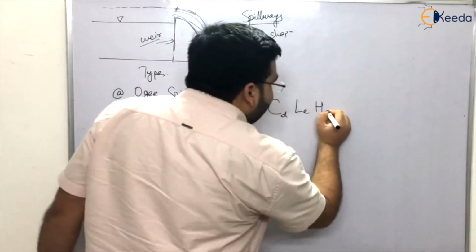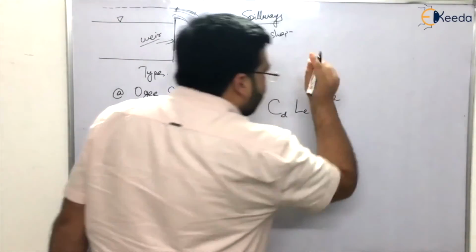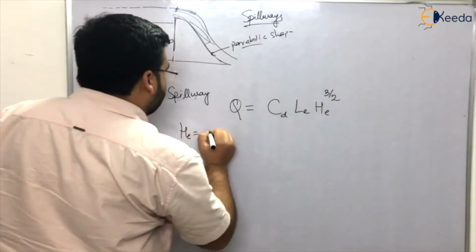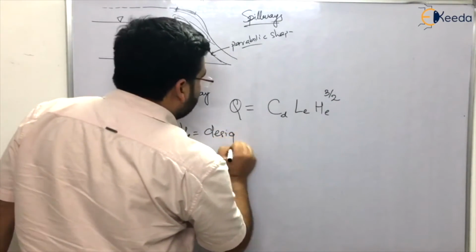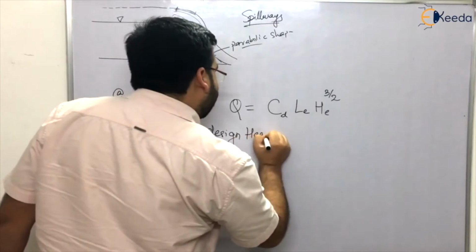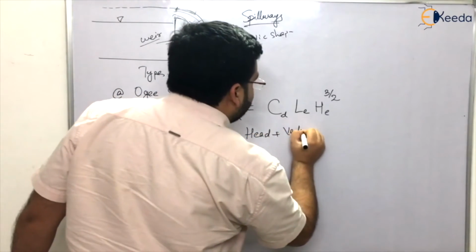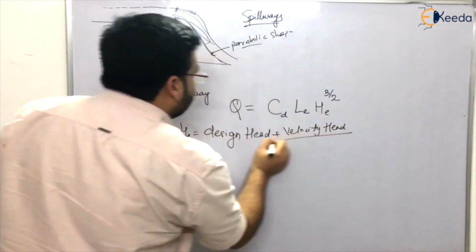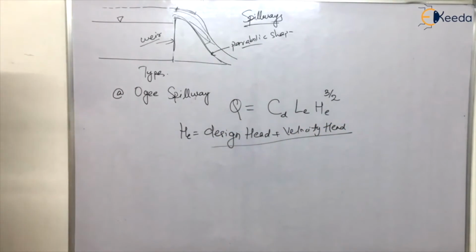Multiplied by the effective head raised to the power 3 by 2, and this effective head is equal to the design head plus the velocity head. Clear? This is how the discharge of an Ogee spillway is given.